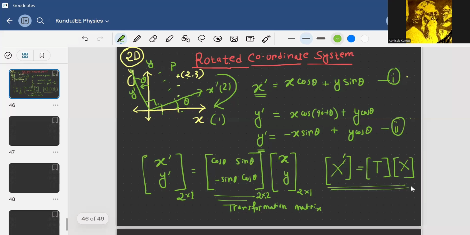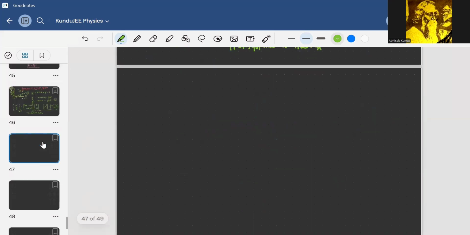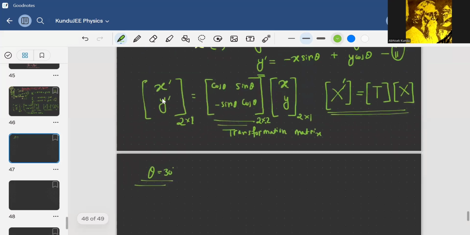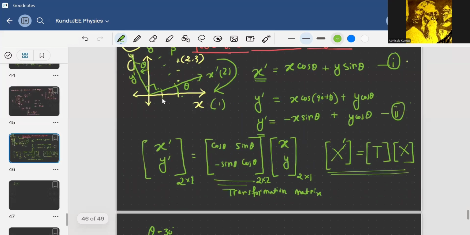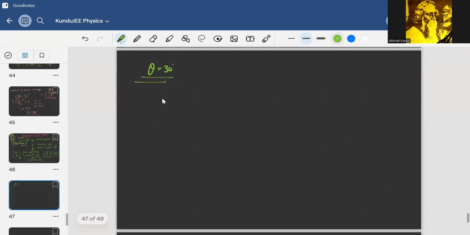Now let us find out, with respect to the new rotated coordinate system, what is going to be the coordinates of that same point P. Let's say angle theta, I have given 30 degree. That means the old coordinate system is rotated by angle 30 degree. Now how will the transformation matrix look?